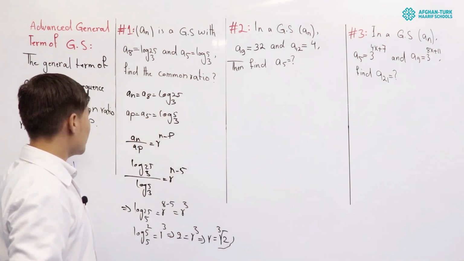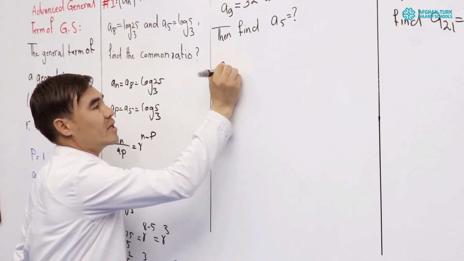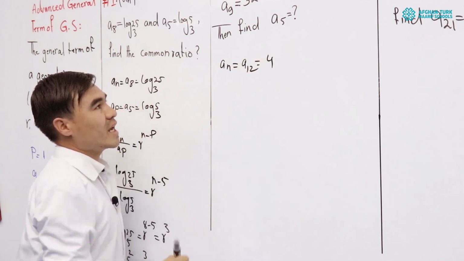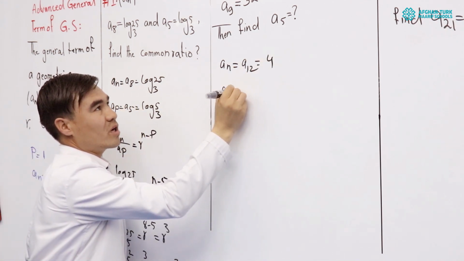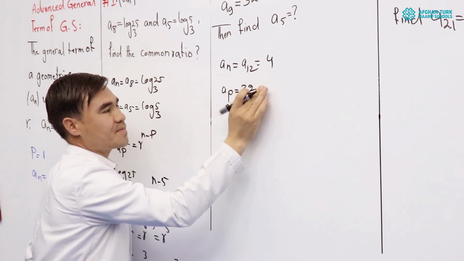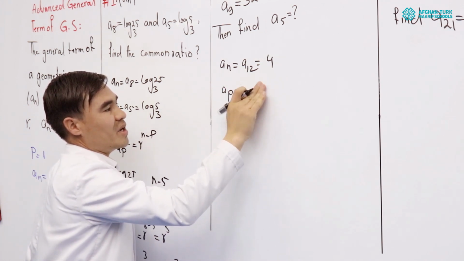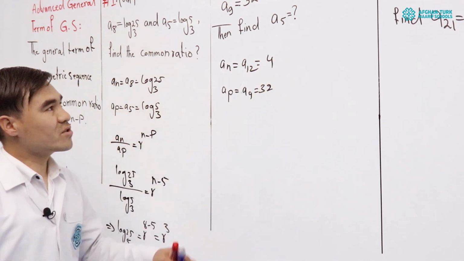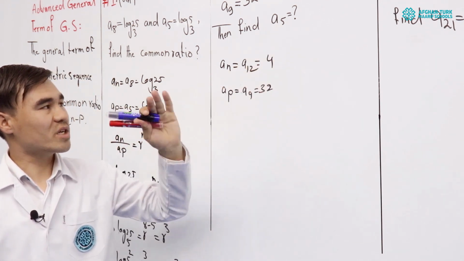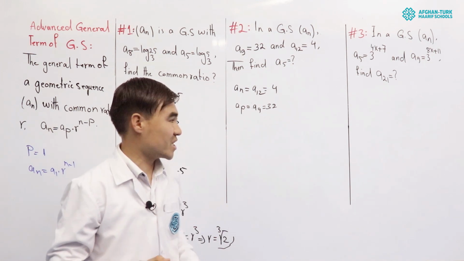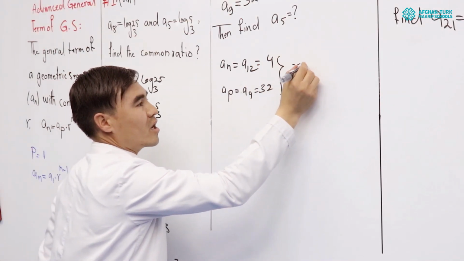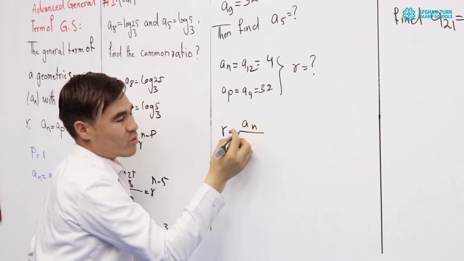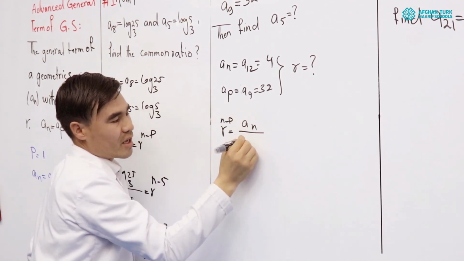According to the given example, a_n is the 12th term, which equals the number 4, and a_p is the 9th term, a_9, which equals 32. To find a_5, it is necessary to first find the common ratio. Here we can find a_n over a_p equals r to the power of n minus p.